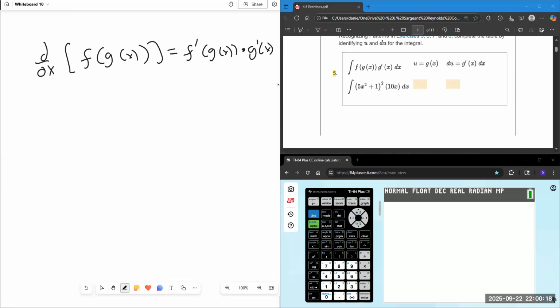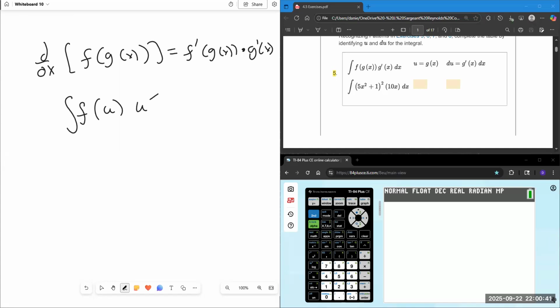Well, what we're going to do now is we're going to say that if I have this thing that is f, lowercase f, which is a derivative of something, and g of x is, we're going to call it u, and g prime, we're going to call it u prime here.